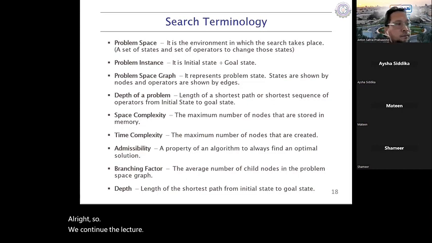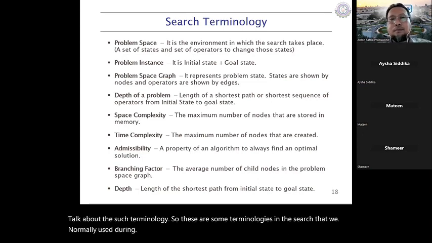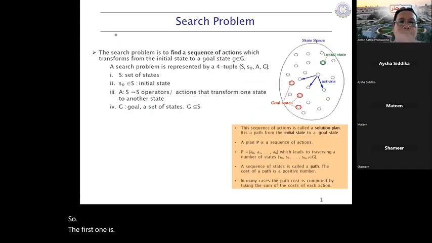So let's talk about search terminology. These are some terminologies in search that we normally use when we implement or apply search techniques. The first one is the problem space.